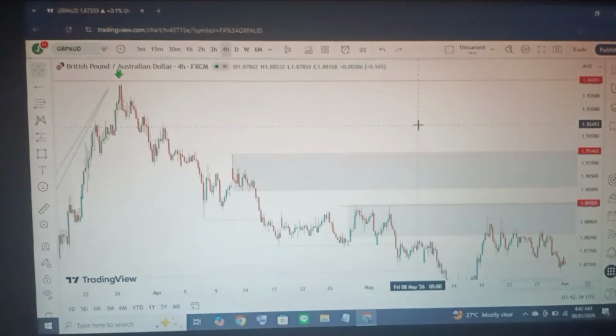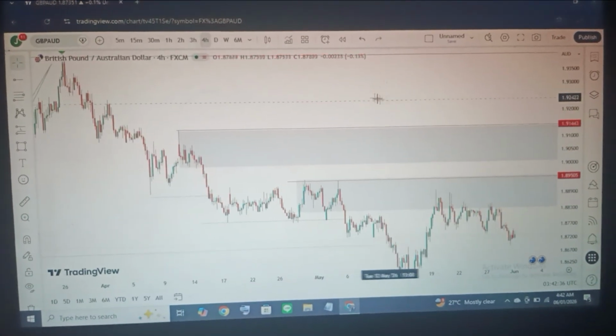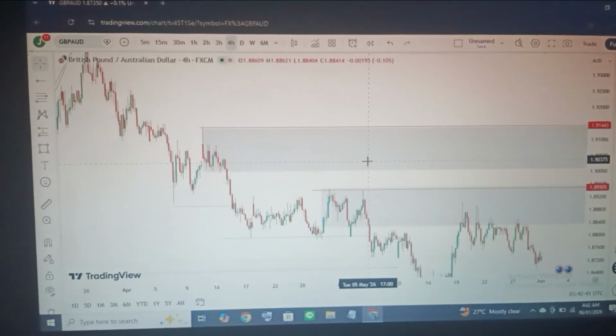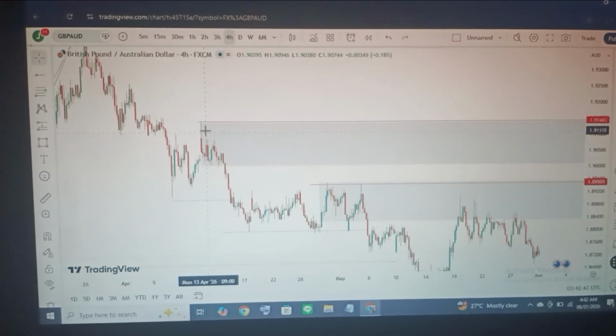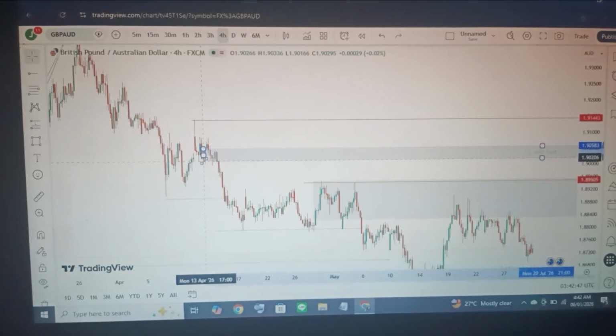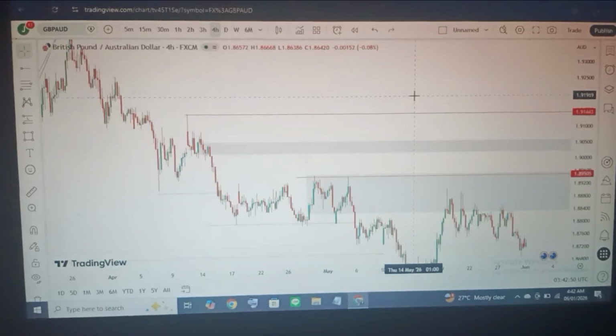Once you're on the 4 hour time frame, what we want to do is refine those daily demand and supply zones that we mapped out, if they are still valid. So we can refine this first zone.